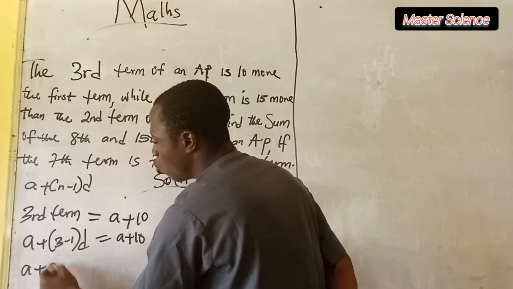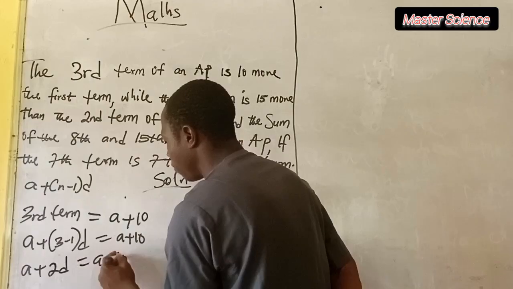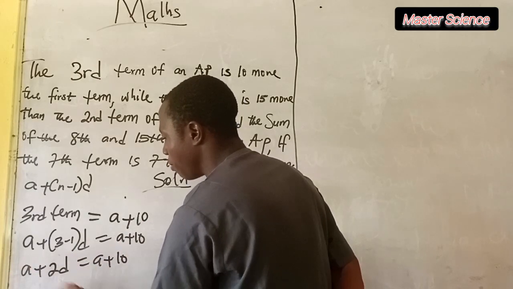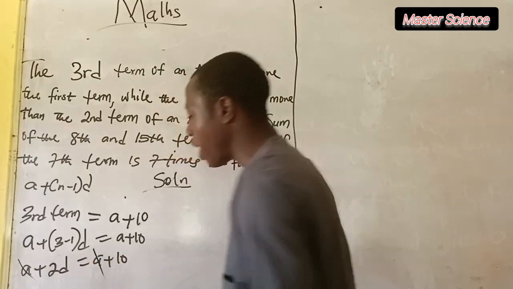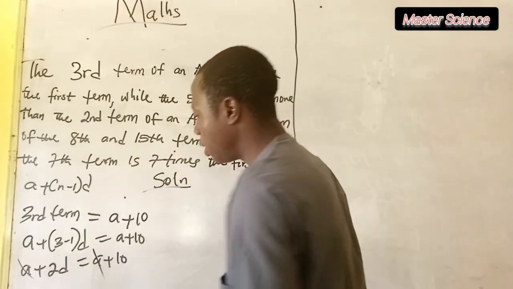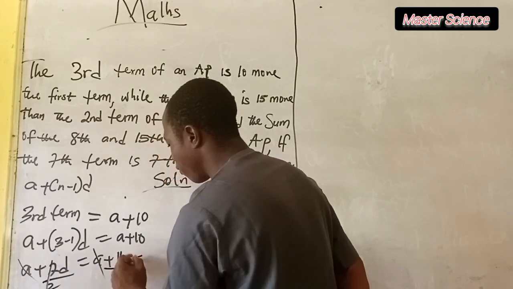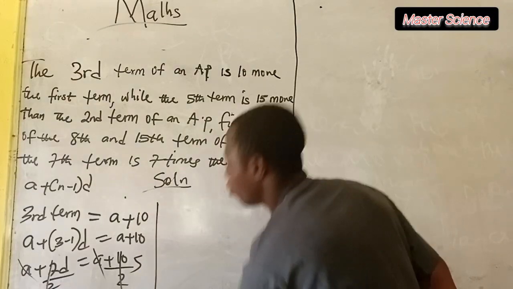A plus 3 minus 1 is 2, times D, equals A plus 10. A is common on both sides, so A can cancel A. Divide both sides by 2: 2D over 2 is D, 10 over 2 is 5. So my D is 5. That's my common difference.